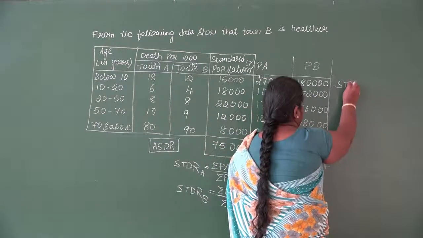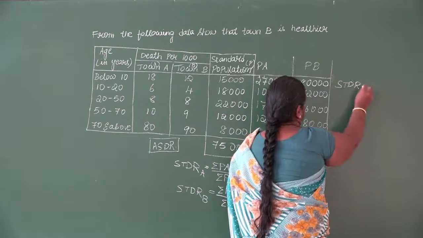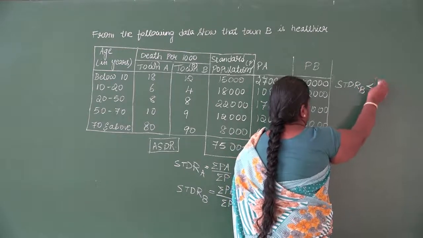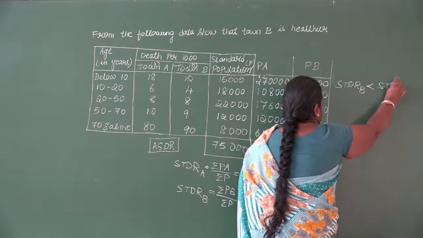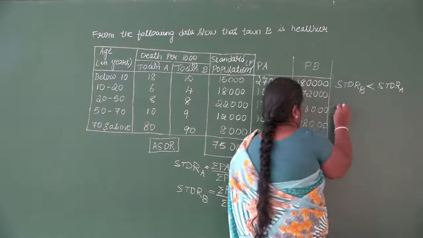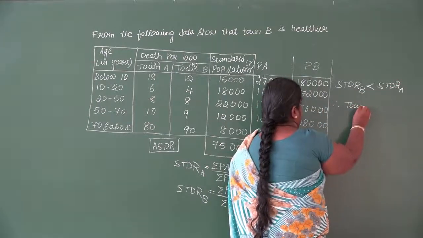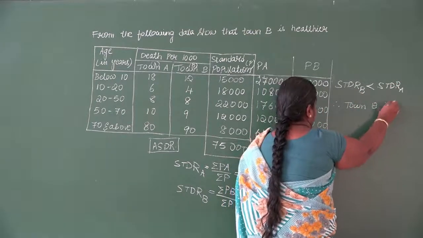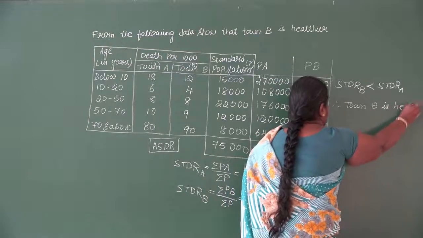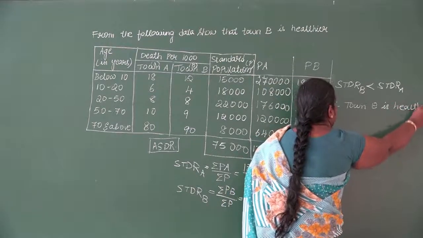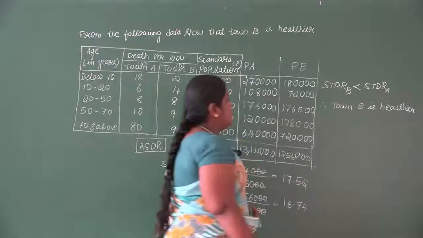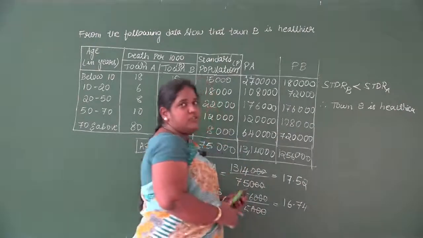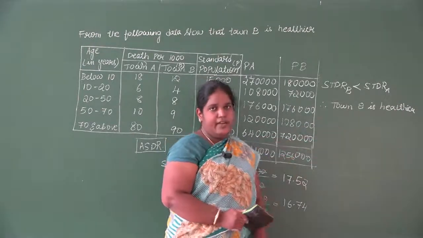So write it as STDR of B less than STDR of A. Therefore, town B is healthier. So this was the thing asked in the question to comment, show that town B is healthier, and we have shown that the town B is healthier.